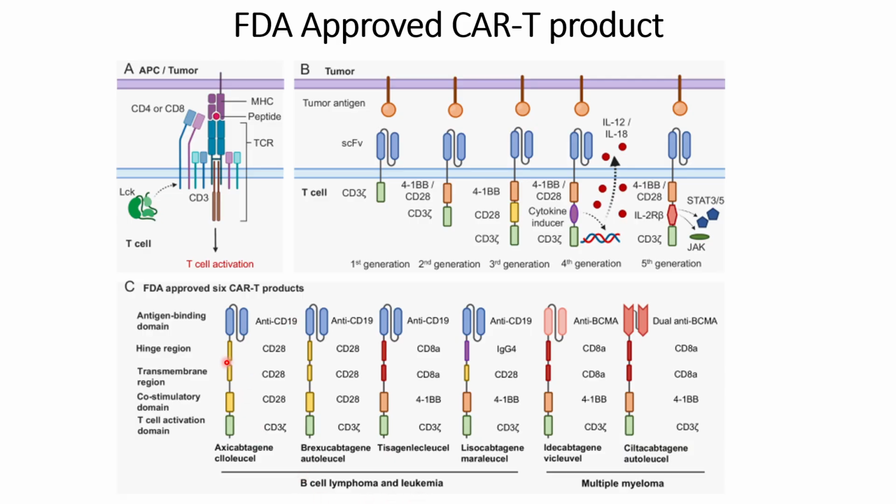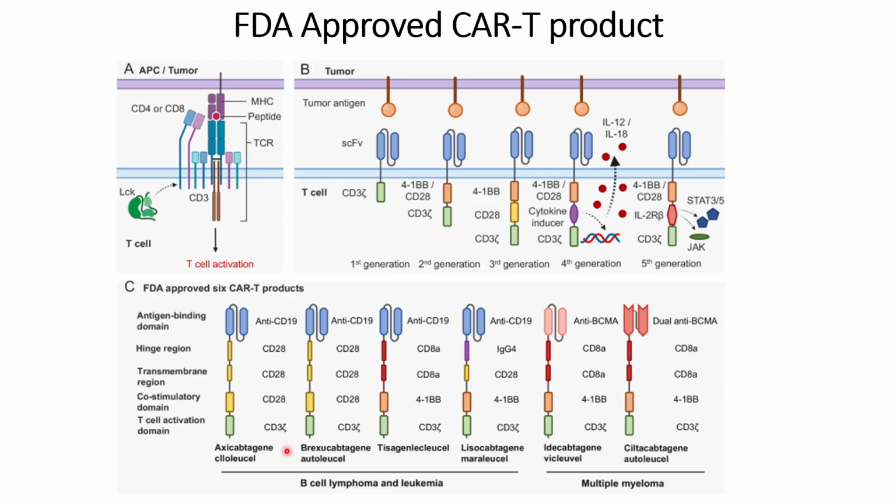In the intracellular domains, one of them has CD28 in all three parts. We can say that the hinge region also belongs to CD28, the transmembrane region is also CD28, the costimulatory domain is also CD28, and the T cell activation domain is CD3 zeta.